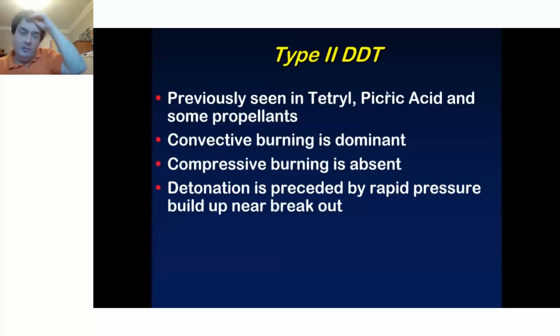Convective burning is dominant, compressive burning is absent, and the detonation is preceded by a rapid pressure buildup in one region, which causes the detonation breakout. So by changing the density of the material, you can have an effect on type 1 or type 2 DDT, particularly when you're working with new material types, a fine-grained material, then you can get these unusual effects.